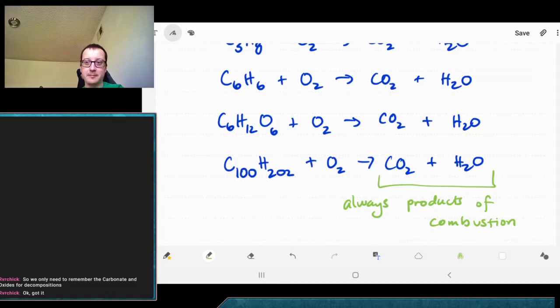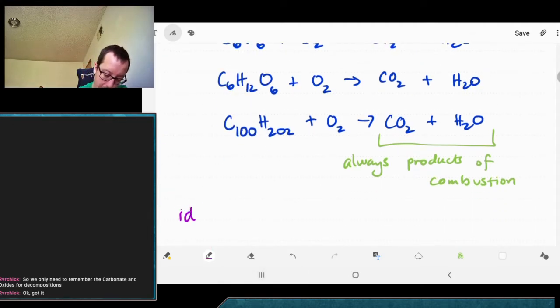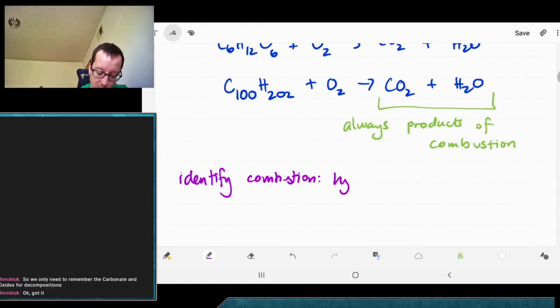So easy one here, predicting the products. Hopefully not too crazy. And so we identify combustion by seeing some sort of hydrocarbon and oxygen gas.